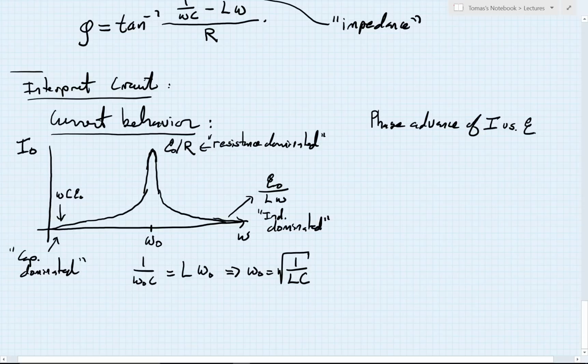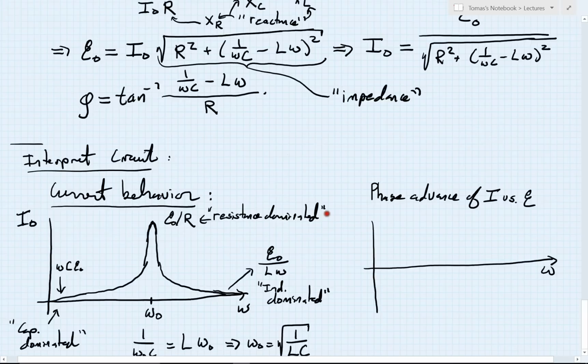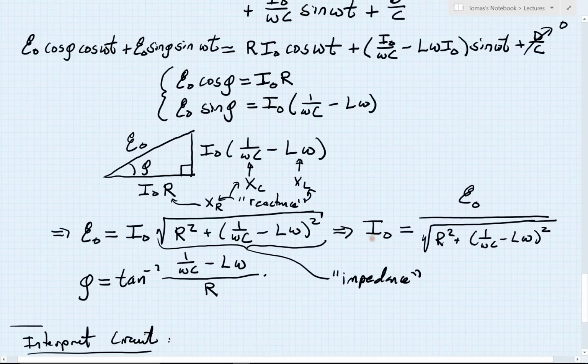Now that function, if I were to plot it, can be either positive or negative as a function of frequency. Here's my function. Notice that at high frequencies, I am dominated by the L omega term, and I will have the arctan of a very large negative number.